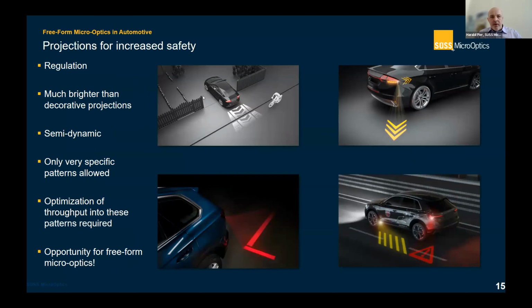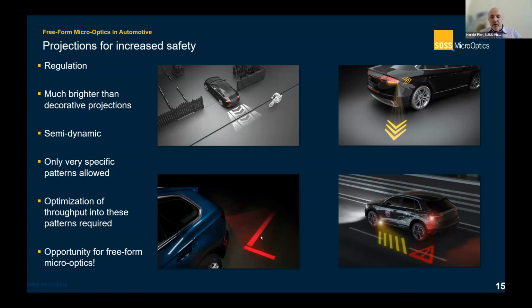I mentioned that before. Regulation is considering such distinctive elements to be projected on the road, which can be semi-dynamic, which will be very specific, only certain patterns will be allowed, and which are much brighter than the floor projections that you could see before.